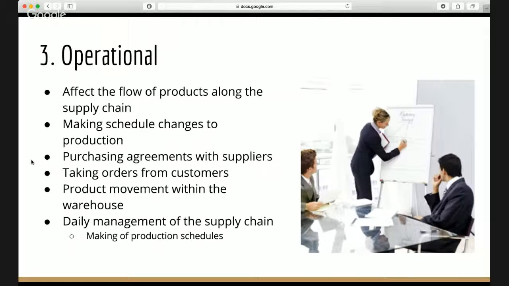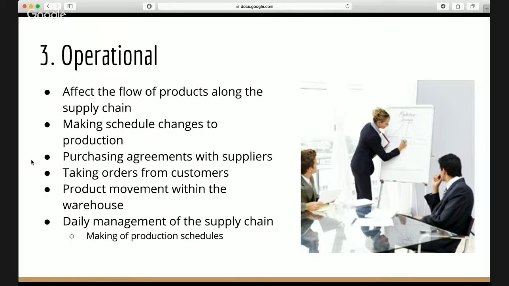And then the third and final one is the operational, which affects the flow of products along the supply chain. It's where the making of schedules, changes to production, and purchasing agreements with suppliers also occur. Under these activities is the taking of orders from customers.